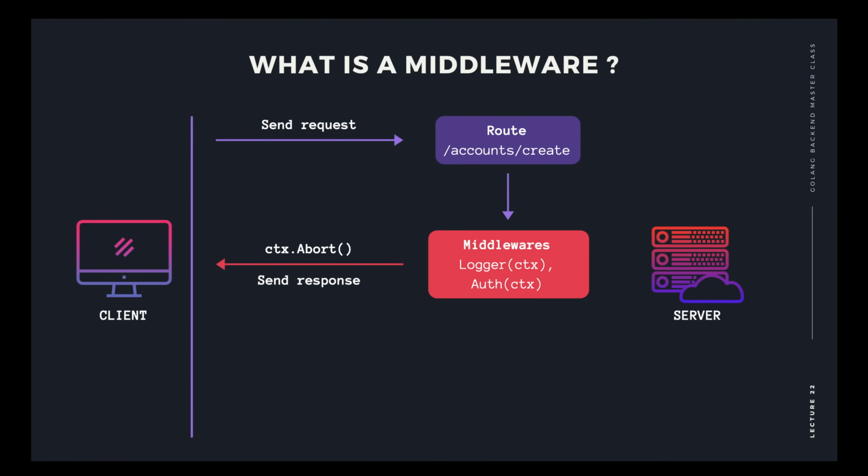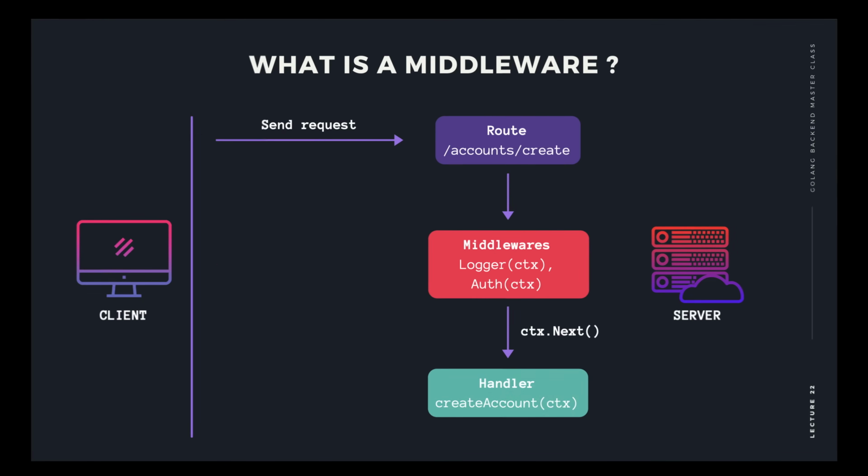For example, in the authentication middleware, we can parse and check if the access token is valid or not. If it's invalid or expired, then we can call context.Abort to stop the request and send 401 unauthorized status code to the client. Else, if the token is valid, we can store the parsed token payload in the context, then call context.Next to forward it to the real handler, or possibly the next middleware in the chain if it's available.